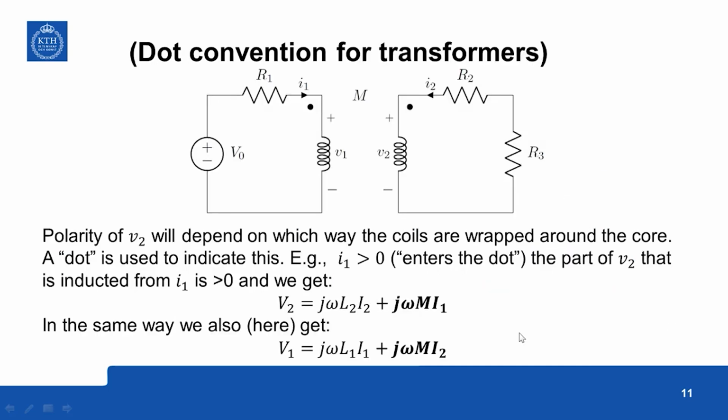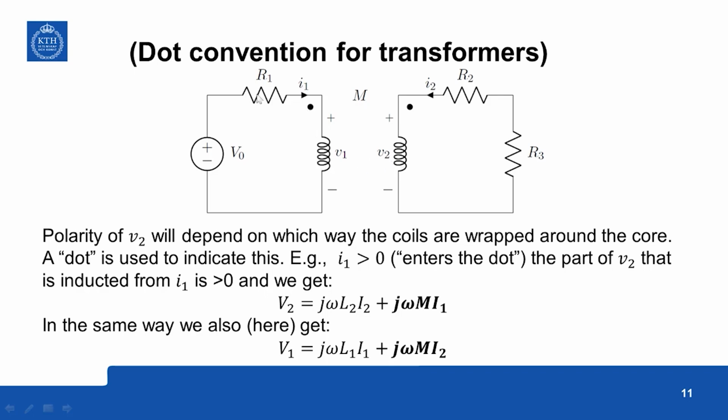Now just to aid in the analysis, the dot convention for transformers, because the transformer winding can be done in different ways. The way the winding is done will influence whether in writing the equations the mutual coupling has to have a minus sign in front or a plus sign in front.